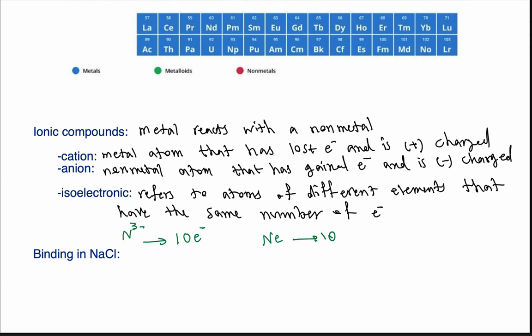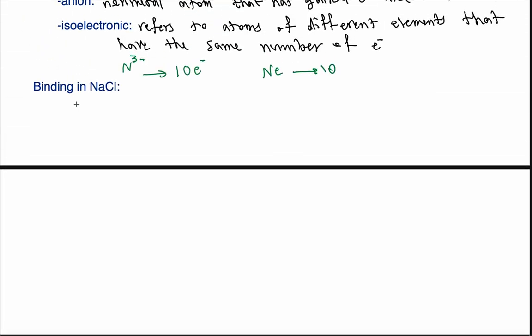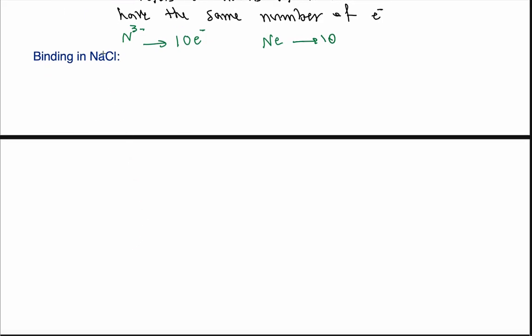Okay, so we are going to, as an example, go over binding in NaCl and see how each of these atoms, how many electrons they lose and gain, and basically what happens to them. So sodium has an atomic number of 11, so it means we have 11 protons.